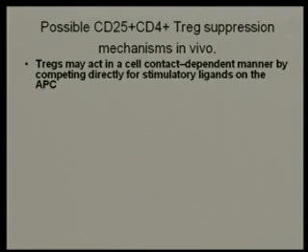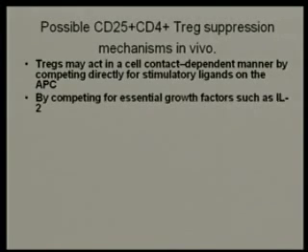The exact mechanism by which T regulatory cells are able to downregulate the immune response is not really clear. There are some possible mechanisms that have been proposed. They may act in a cell contact dependent manner by competing for stimulatory ligands. It's thought they may compete for essential growth factors.